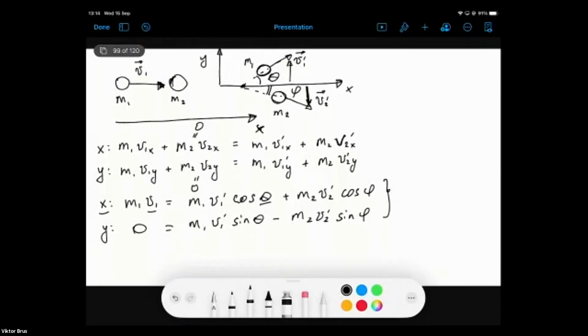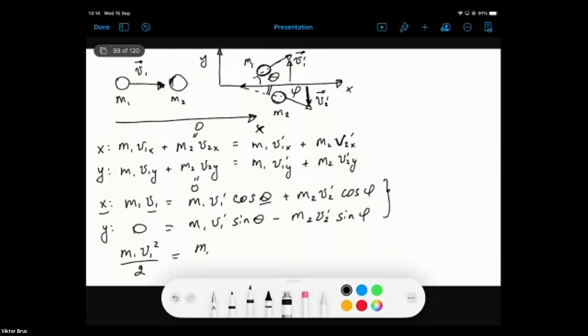However, if there is a statement that this collision is elastic, meaning that there is no conversion of kinetic energy into internal energy, we can also write an equation which stands for the conservation of kinetic energy. And that will be m1 times v1 squared divided by 2. So the initial kinetic energy, the second body was not moving, will be equal to the kinetic energy of the system after collision, because we assume that this is an elastic collision.